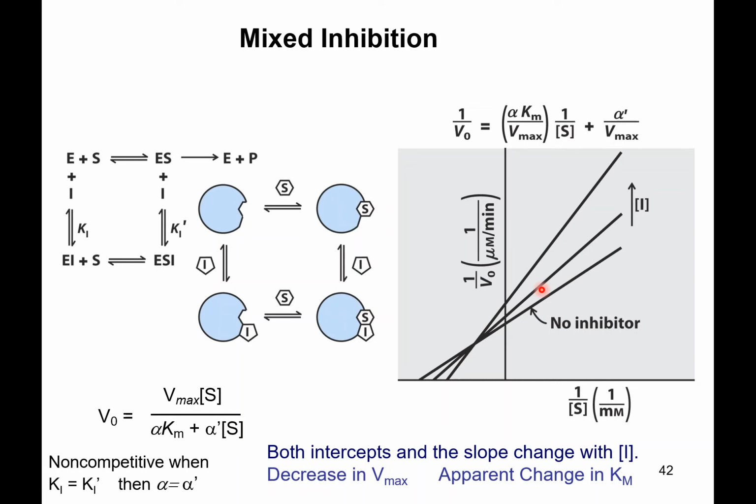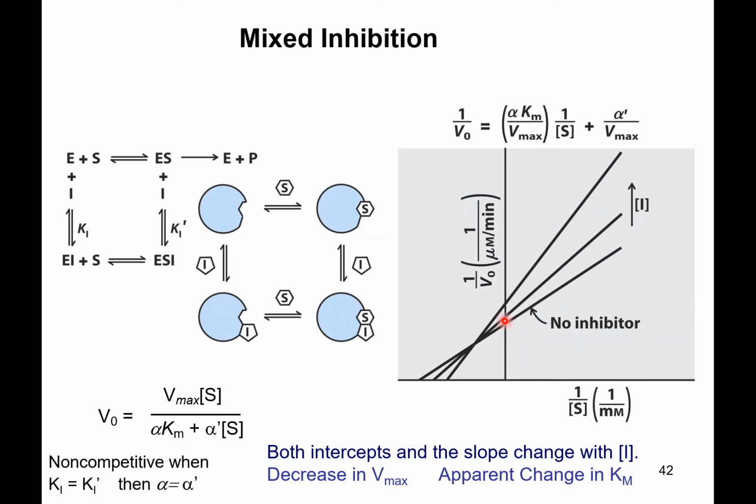Okay, what this looks like on our straight line plot is you get a little bit of both worlds. You get a change in the y-intercept and you get a change in the slope. And so you get this sort of look. Normally this node here would be along the y-axis, but now that's shifted. You can think of it as basically just shifting over.